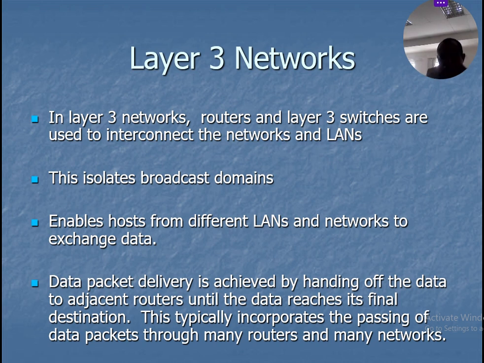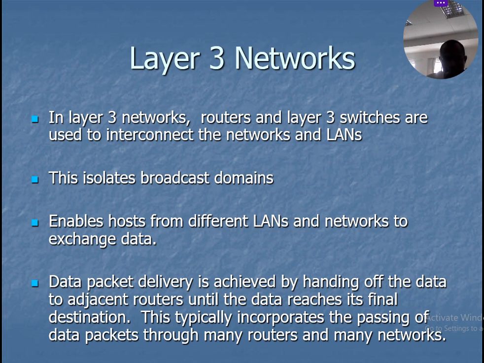Layer 3 switches and routers are the interconnecting devices that we use to create this so as to avoid the flat network. So any time we want to avoid flat networks, we need layer 3 switches, or we need a router to create this, so that we can isolate the broadcast domain.